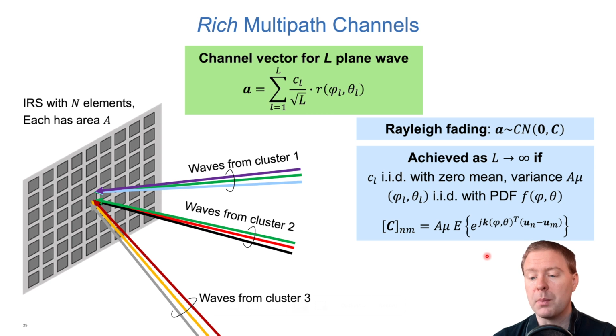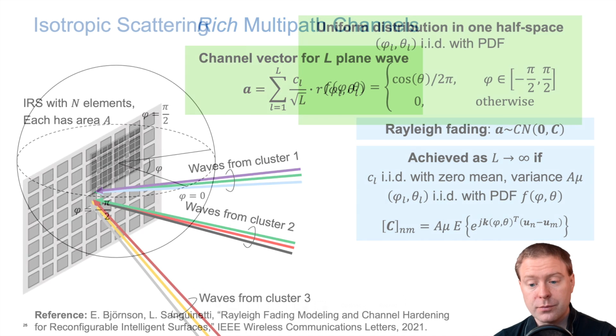So the randomness that is left is an expectation with respect to this distribution of angles, while each cluster, each component, has this variance. So this is a general expression for whatever distribution we have of the multipaths from different angular directions. We can compute this, and we then have a Rayleigh fading model.